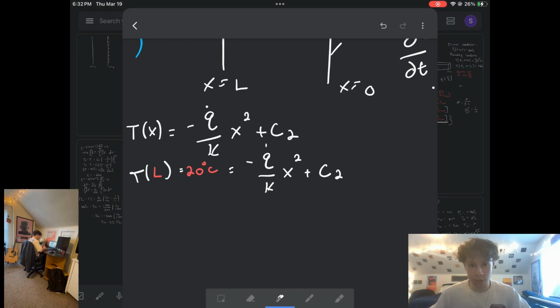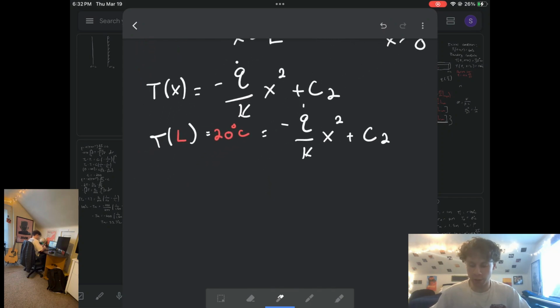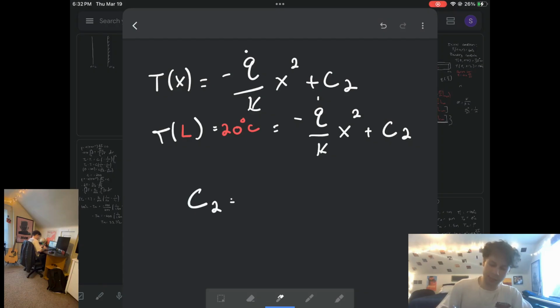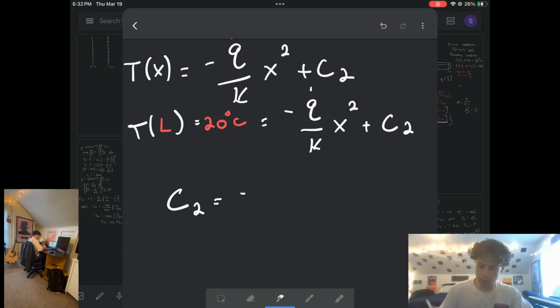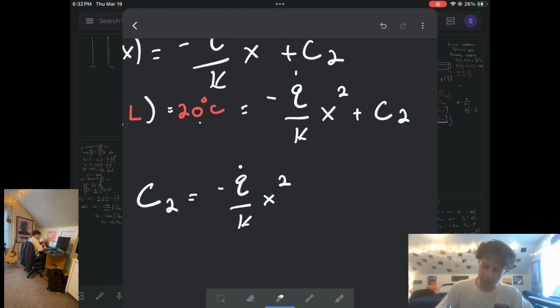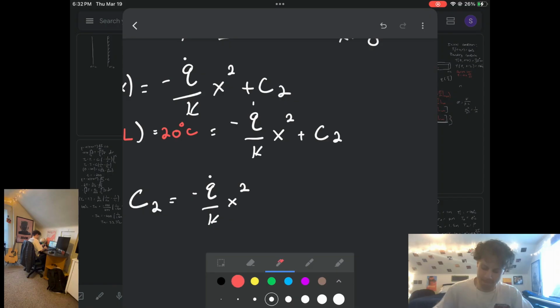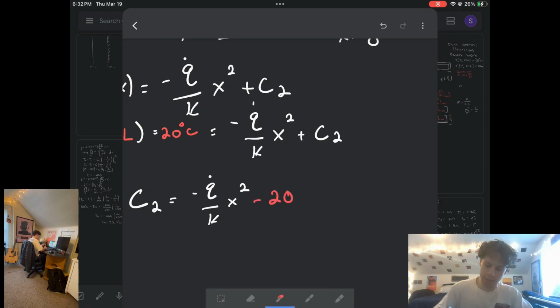So we can use this to solve for our C2. So what we're left with is C2 is equal to our negative heat generation divided by thermal conductivity times x squared minus 20 degrees Celsius.